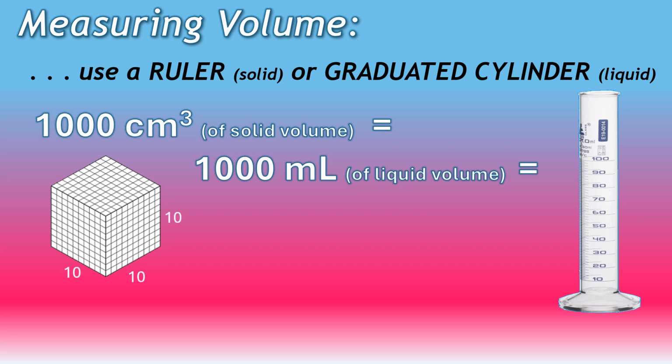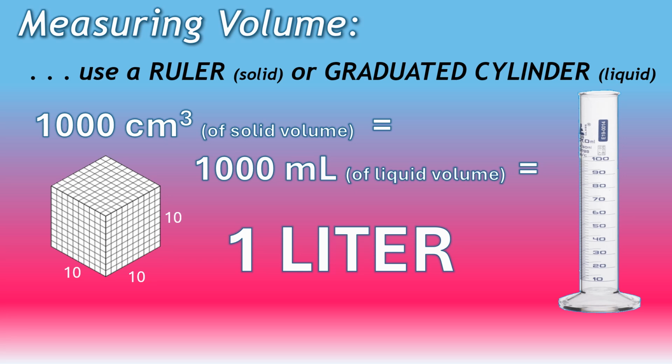And so that's 1,000 cubic centimeters, 1,000 cubes, and those 1,000 cubic centimeters equal 1,000 milliliters in the metric system, and 1,000 milliliters equals 1 liter, and that's very nice and tidy. So you can easily and quickly convert from a solid measurement of volume to a liquid measurement of volume, and vice versa. So this is a unique, powerful, useful aspect of the metric system.